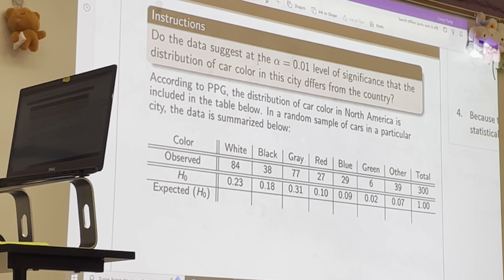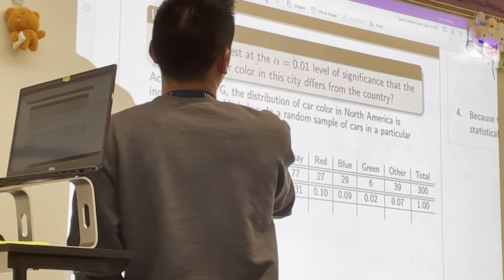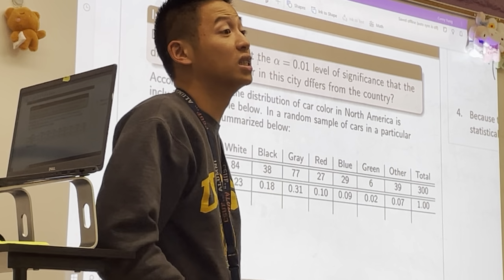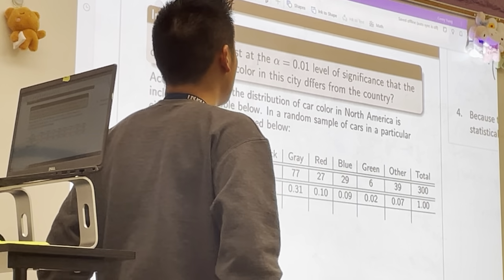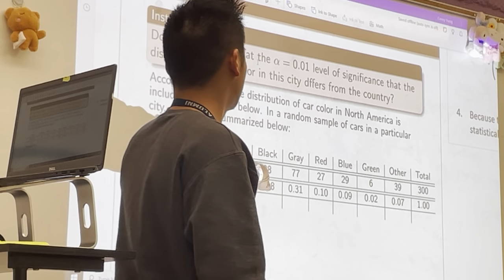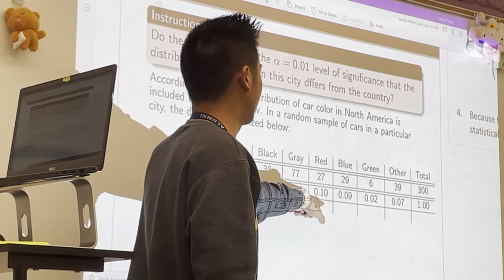So this is very different than just dice rolls. But notice also that there are more classes. You can have a white car, black car, gray car, red, etc. So you have more classes. But notice that each class doesn't have the same probability too. So in this case, it's not going to be, what is there, 7 of them? 1, 2, 3, 4, 5, 6, 7. It's not going to be 1/7, 1/7, 1/7, 1/7.